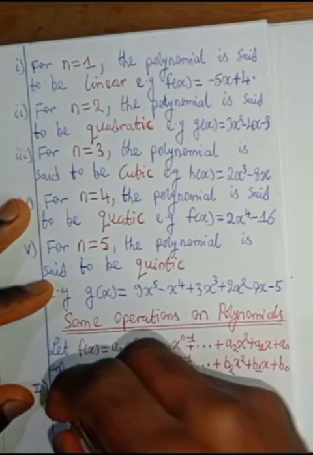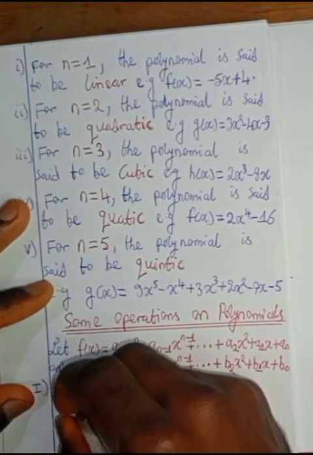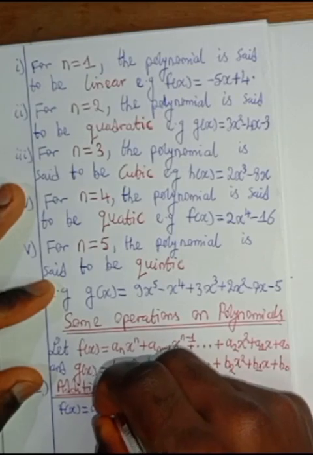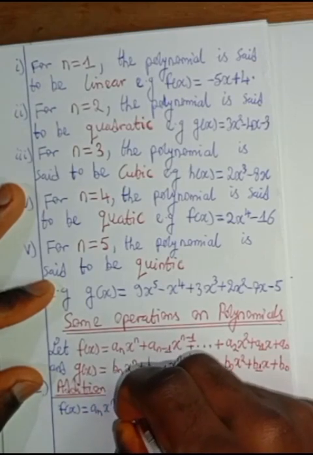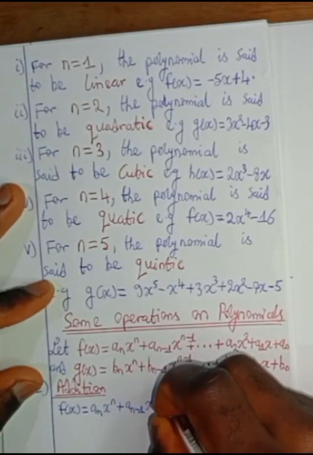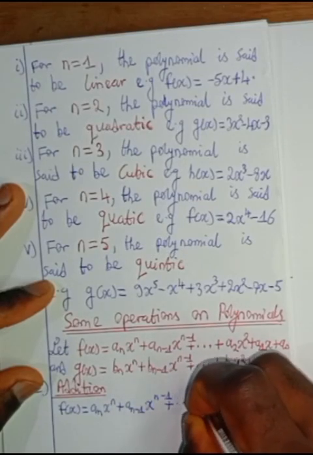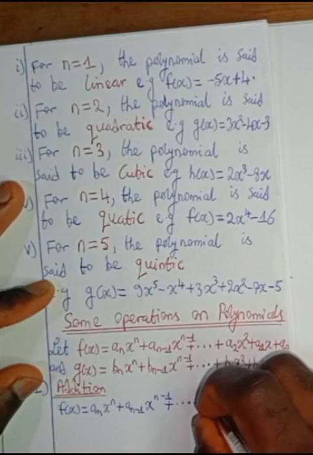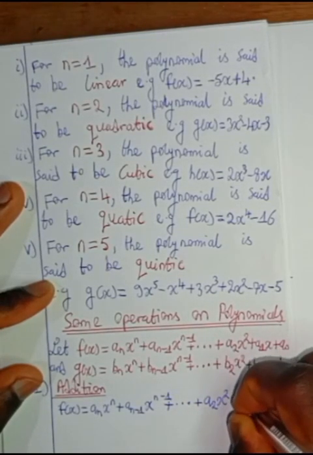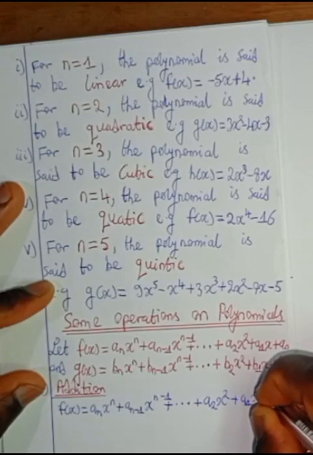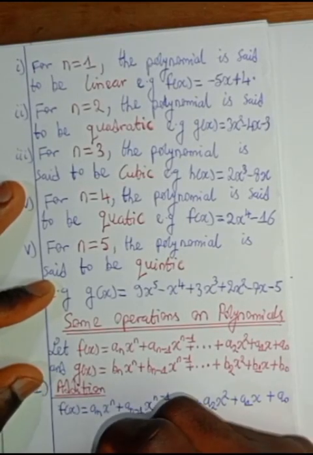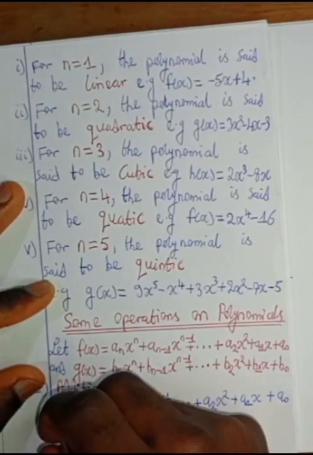If we take f of x, which is equal to a subscript n x to the power n plus a subscript n minus 1 x to the power n minus 1 plus dots plus a subscript 2 x squared plus a1 x plus a0, we have to add these two polynomials.